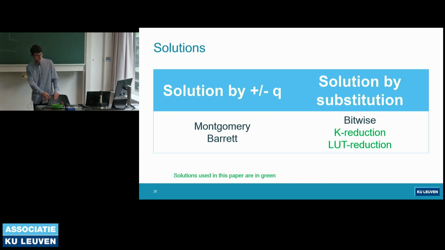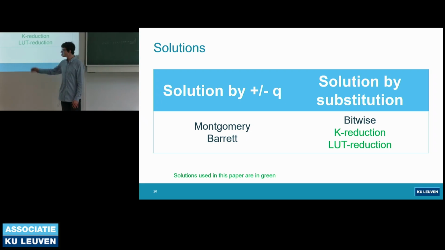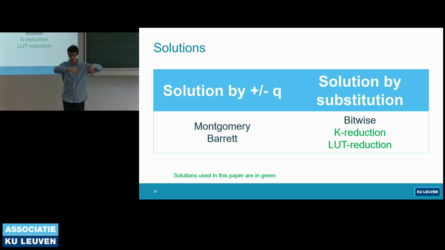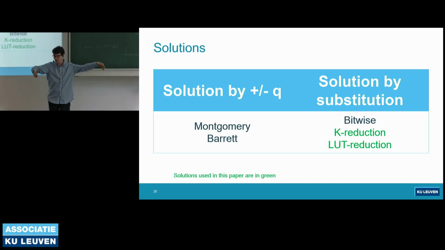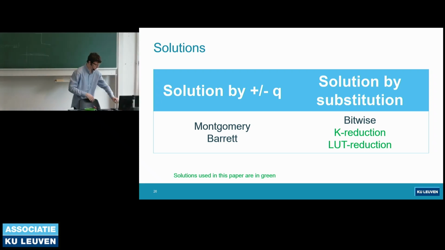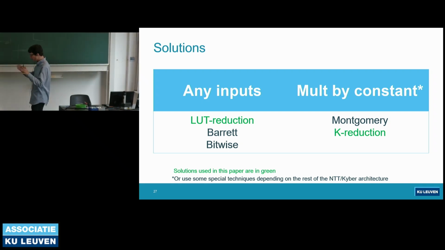So I will divide the solutions into two categories. You have solutions which basically add the modulus until you reach some desired endpoint, or subtract the modulus until you reach some desired endpoint. And then you have solutions which just substitute things in your operation wholesale. And there's another way of categorizing these.